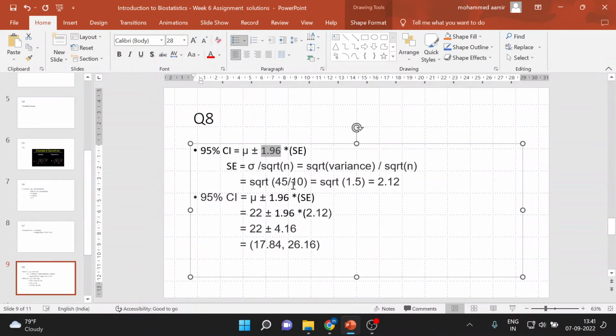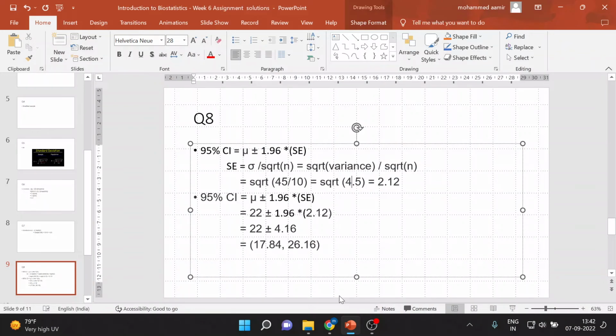So it's square root of 45 by 10, which is square root of 4.5, which is nothing but 2.12. And then 95% confidence interval is nothing but mean plus or minus 1.96 times the standard error that we found. And when we do that, it's 22 plus or minus 1.96 into 2.12, which gives us 22 plus or minus 4.16. So the 95% confidence interval is 17.84 to 26.16.